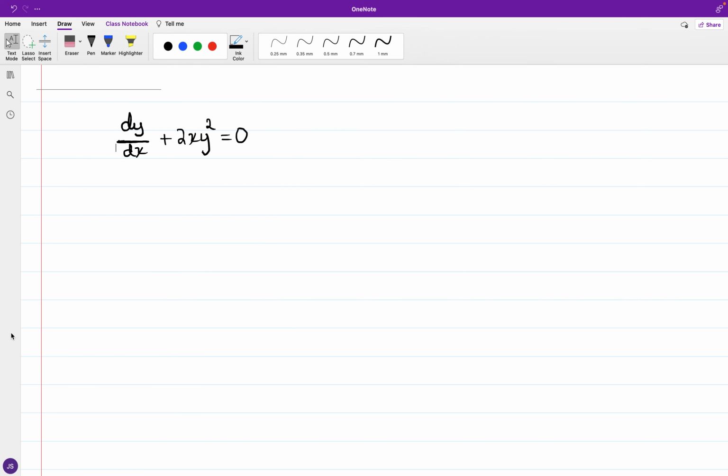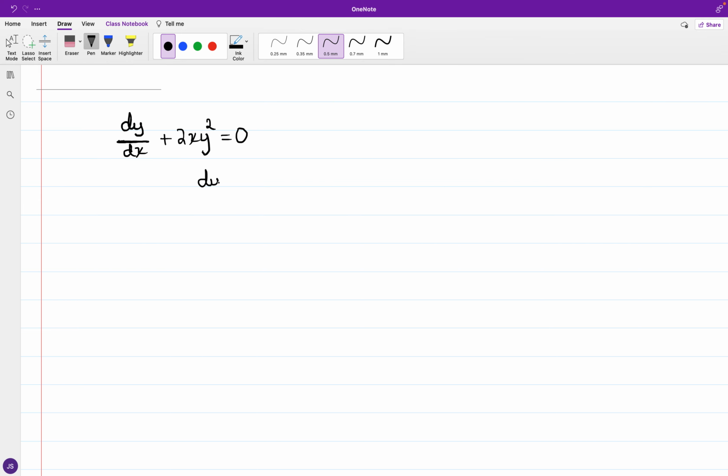Okay, and for what we have in this set of problems, in the case of dy over dx plus 2xy squared is equal to 0, we can separate the variables. First of all, we can separate the derivative dy over dx apart from the variable term.